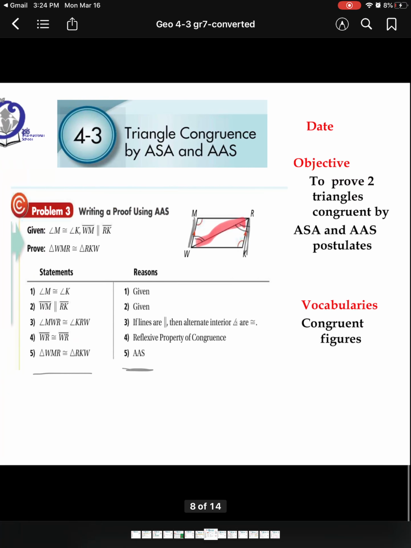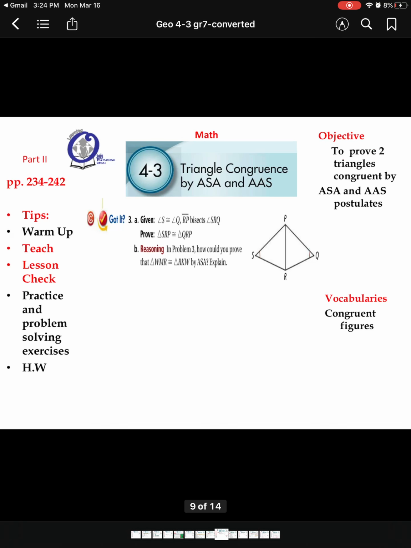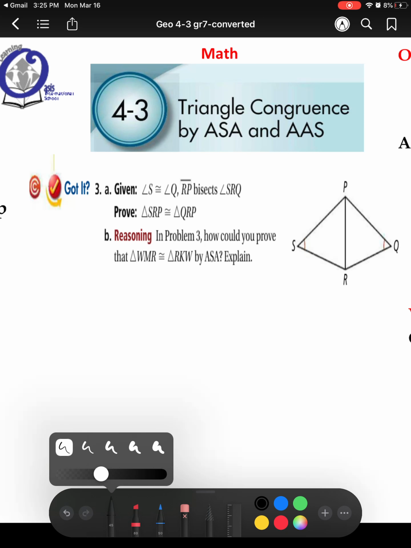Let's look here at problem number 3. If you look at the drawing itself, it is talking about two connected triangles, and these triangles have a common side. But he added something here which was given before, but we need to remind you of it.